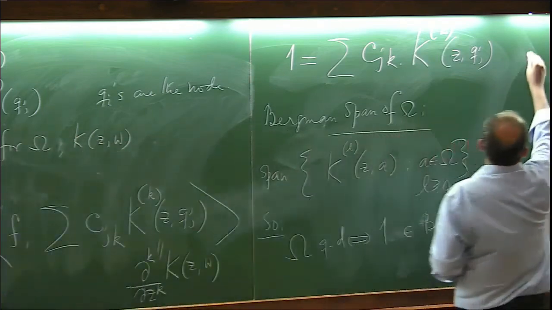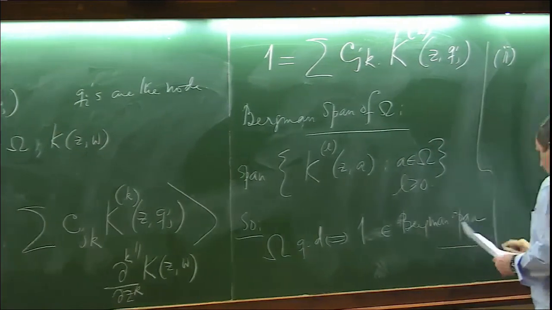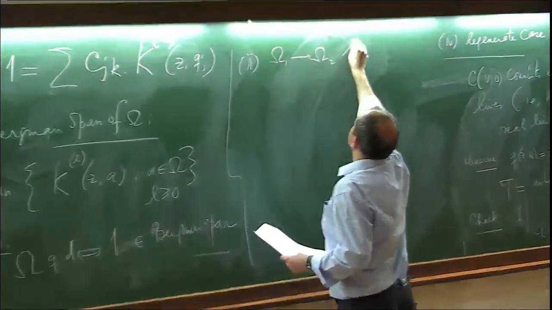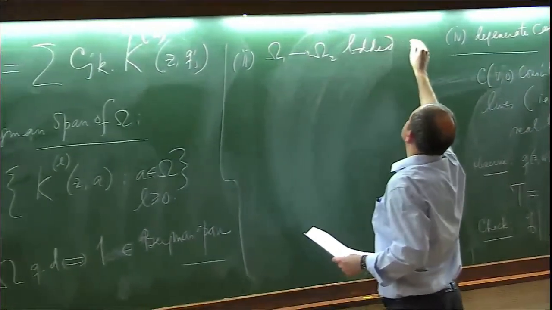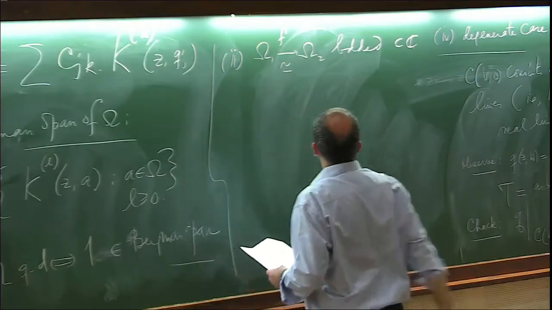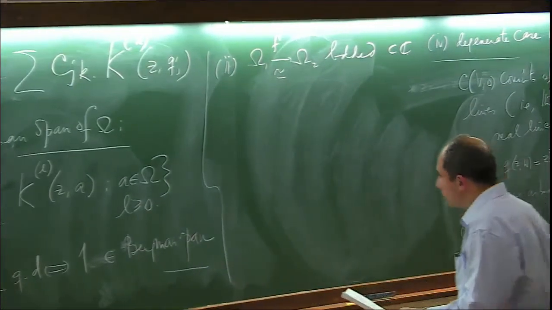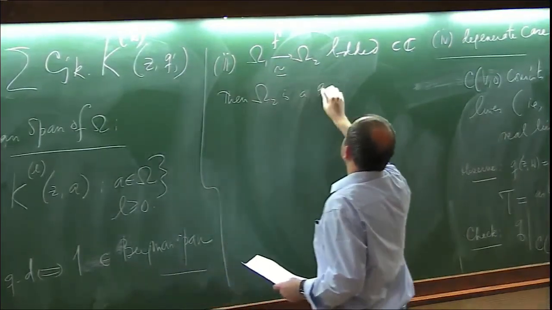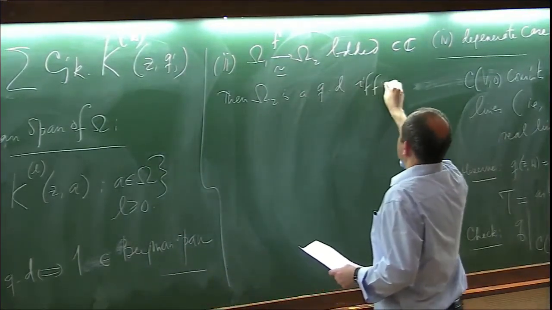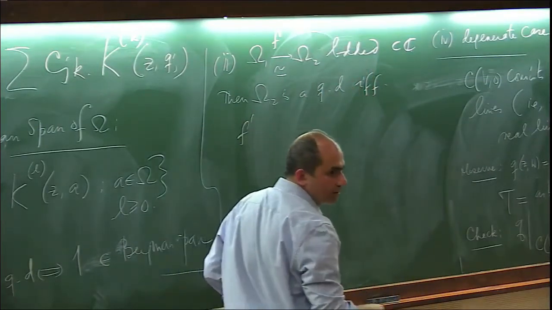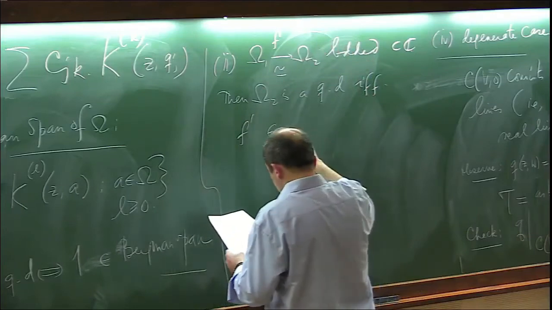Second observation, suppose that omega 1 and omega 2 are bounded domains in C, and F is a biholomorphism between them. Then omega 2 is a quadrature domain if and only if the derivative of the biholomorphic map F prime belongs to the Bergman span.